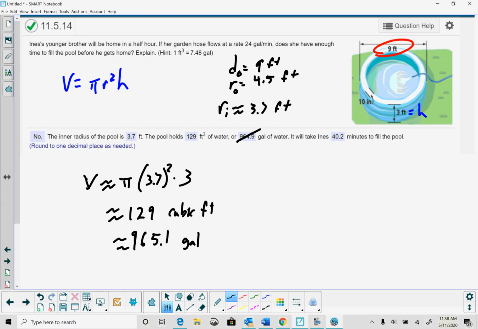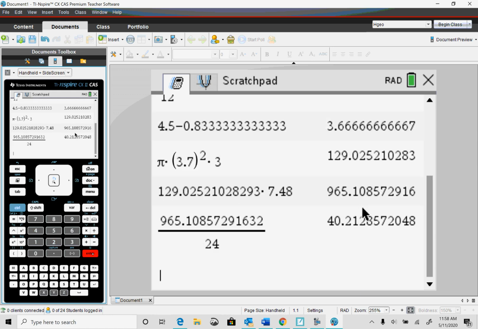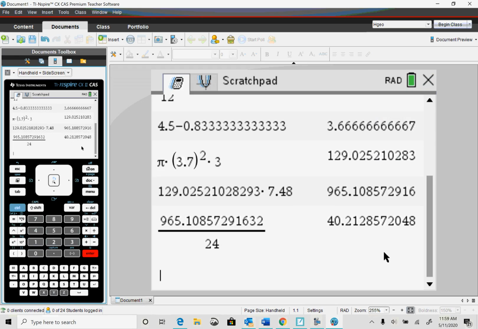And if the hose can go at a rate of 24 gallons per minute, we'll take that and divide it by the 24, and find out that, well, Junior's just going to have to wait a little bit. It's going to take a little bit more than 40 minutes to fill up the pool.